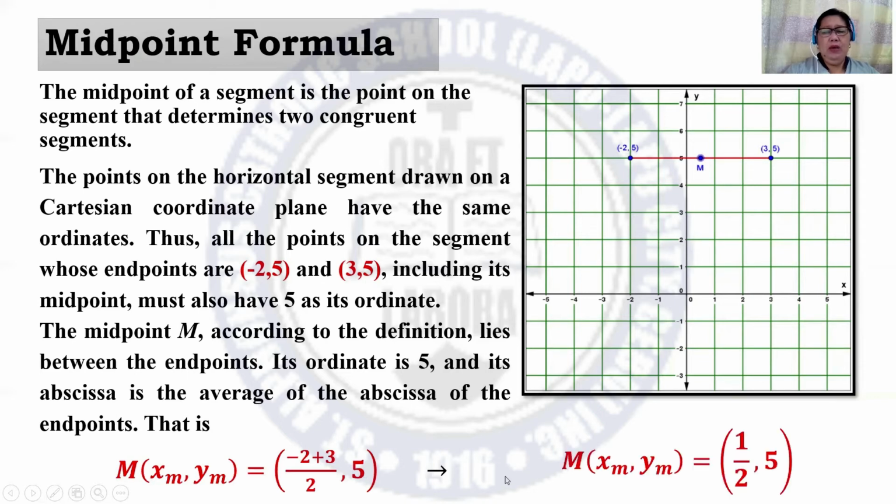Then simplify, what we have is 1/2 for the x coordinate, or the abscissa, and the ordinate is 5. So the coordinates of M are 1/2 and 5.